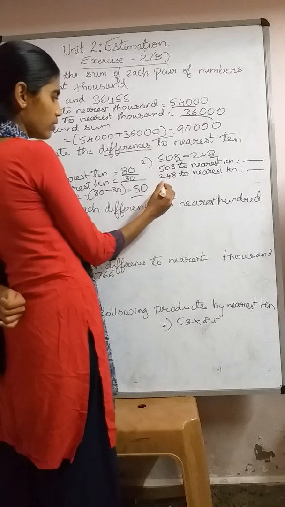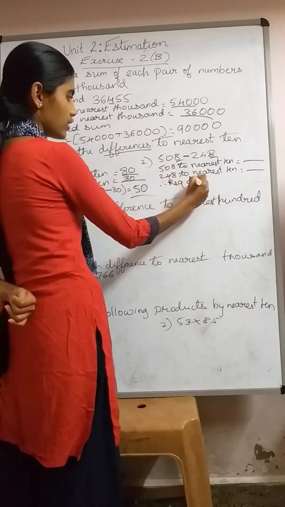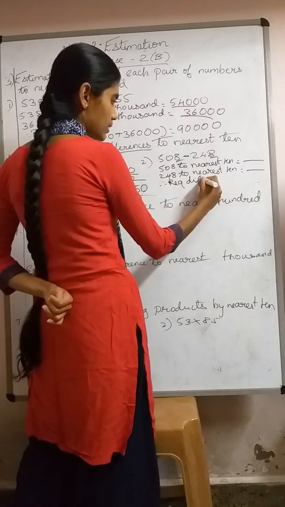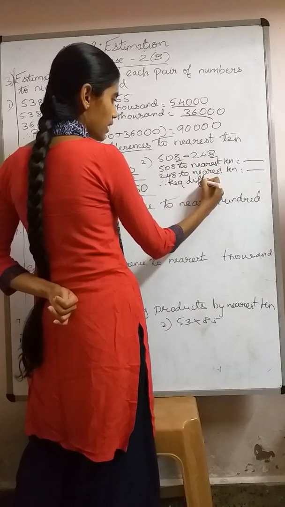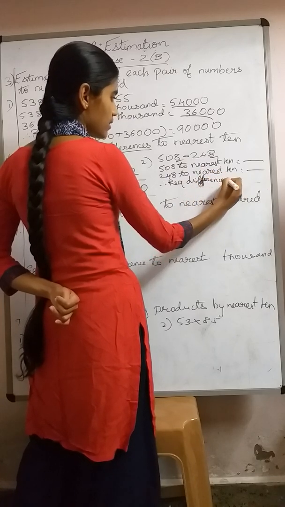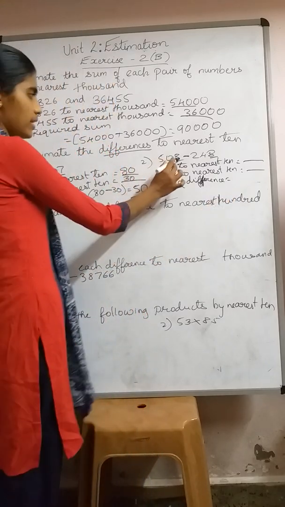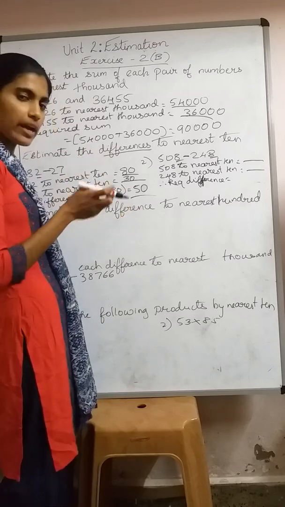Okay. So now we need to find the required difference. Please write the full form of this: difference equal to. Let us see. So what we need to see here? 8 is in which place? Ones place, and it is more than 5.